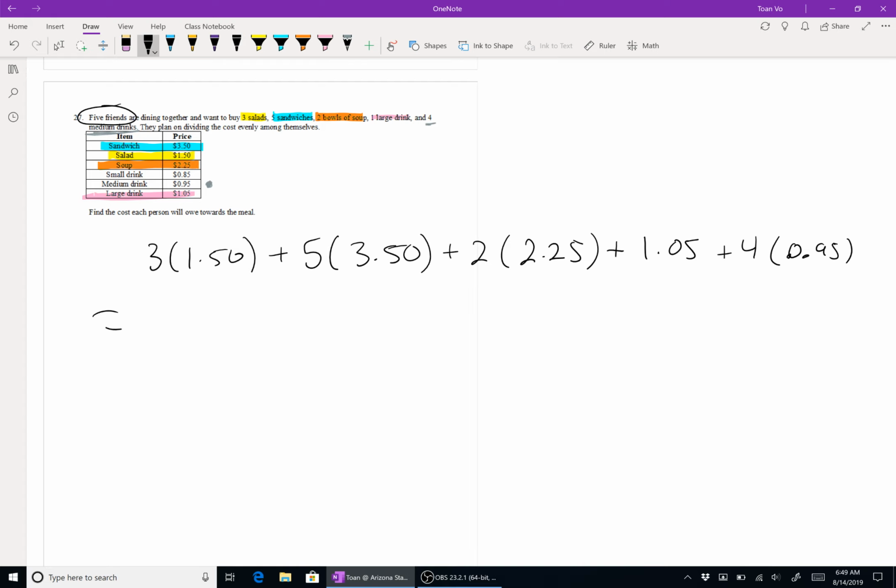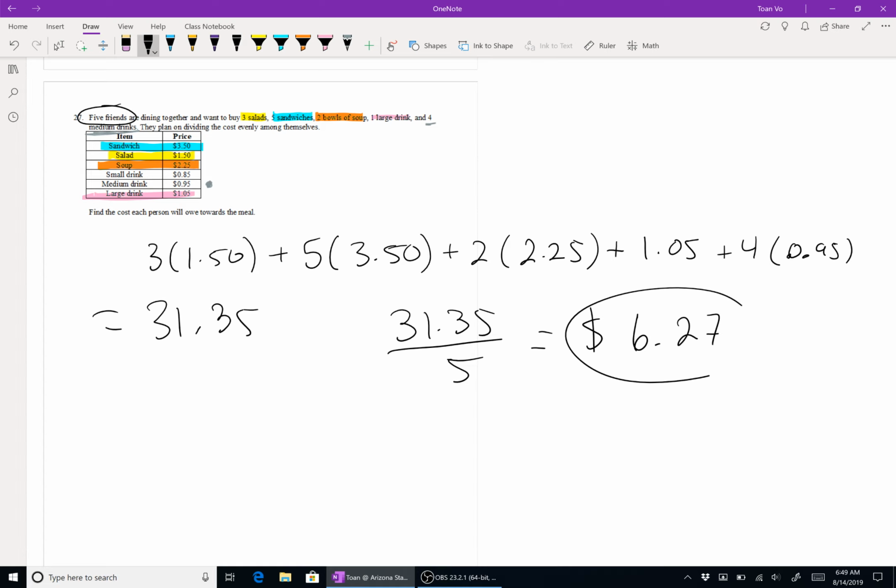So the grand total, correctly this time, hopefully I did this correctly, should be $31.35. So split 5 ways, this looks about right, $6.27 each.